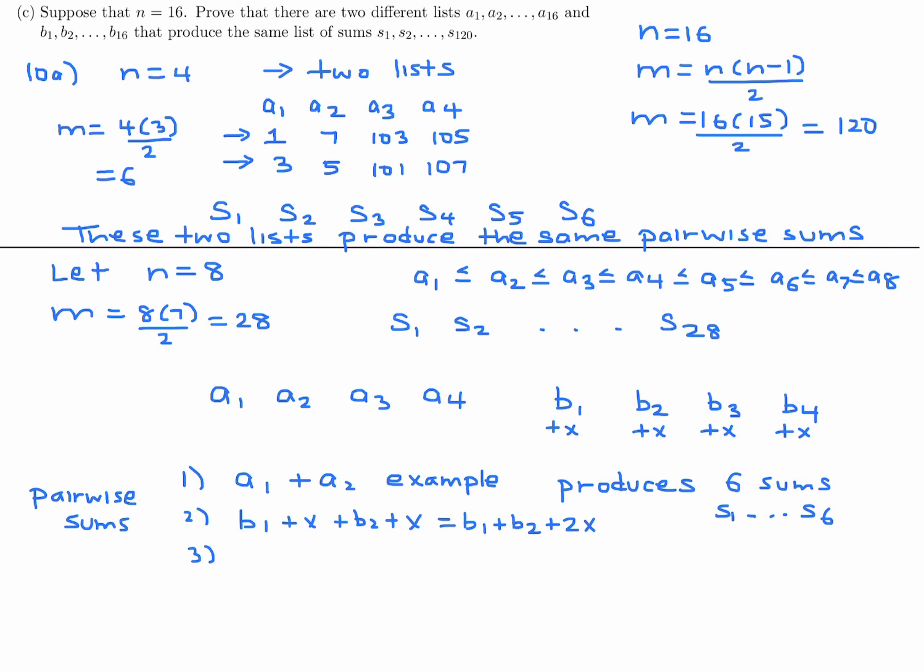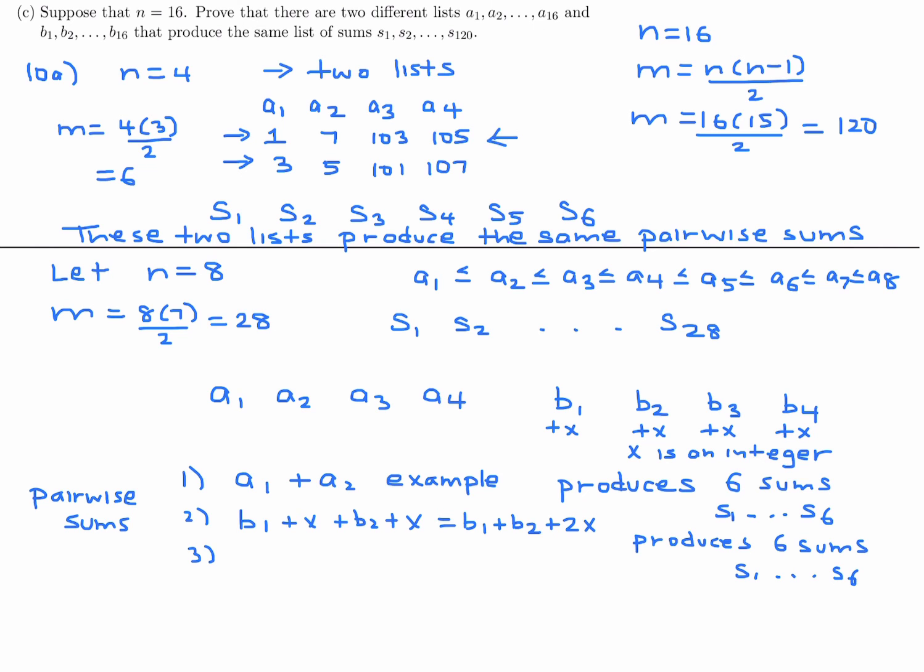So that is just basically B1 plus B2 with some additional 2x. X is an integer. So basically, the B1 plus B2 situation also produces 6 sums. And those 6 sums will be the same, S1 dot dot dot S6.